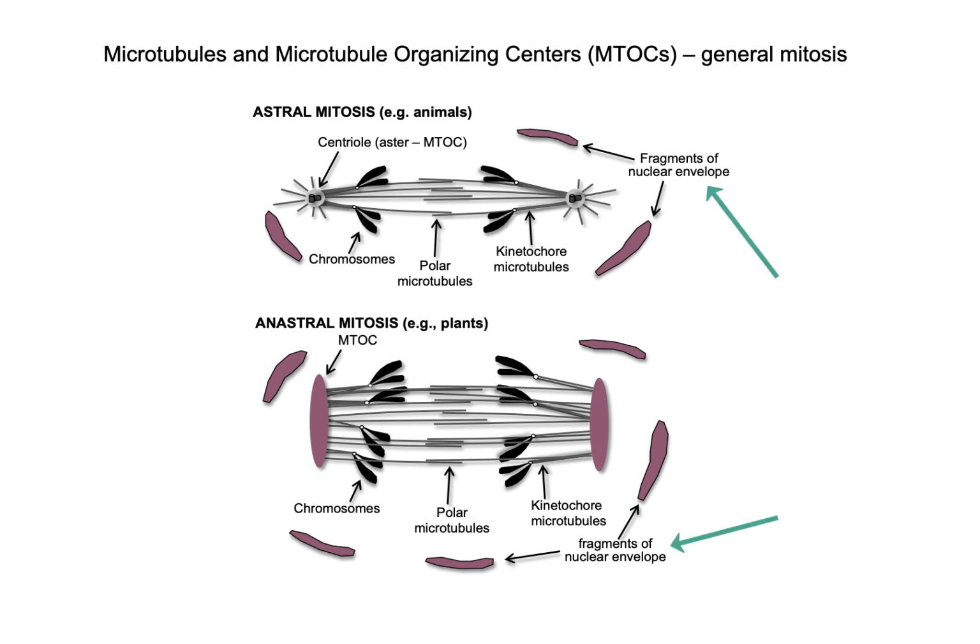Now, in both of these cases, I've also shown that the nuclear membrane is disintegrating, and I'll show you many cases where it does not disintegrate, and some other special cases too.